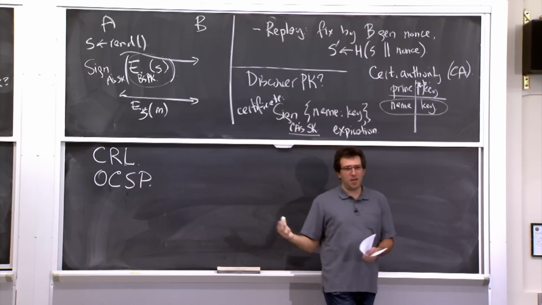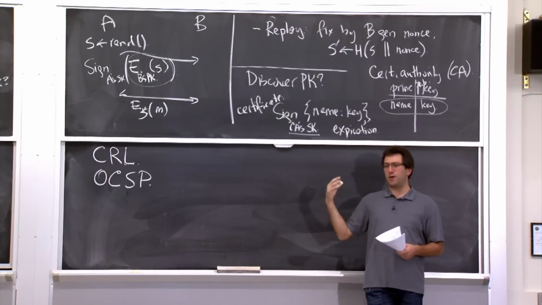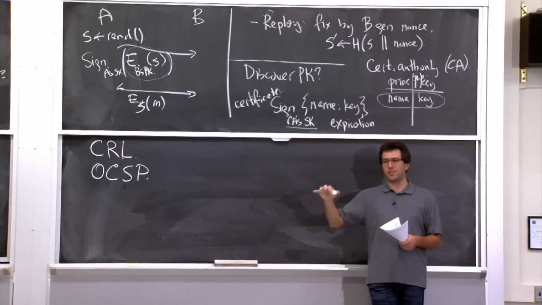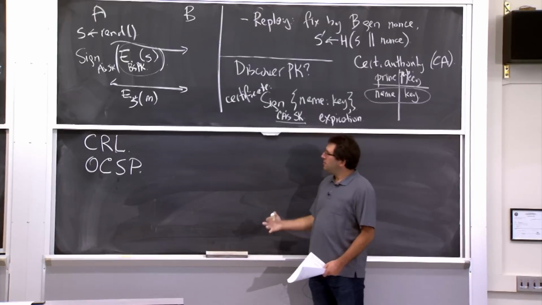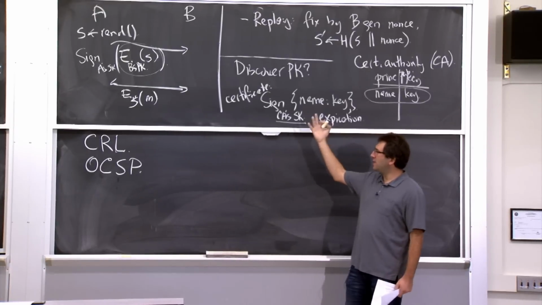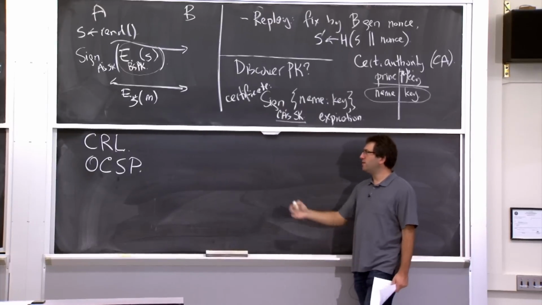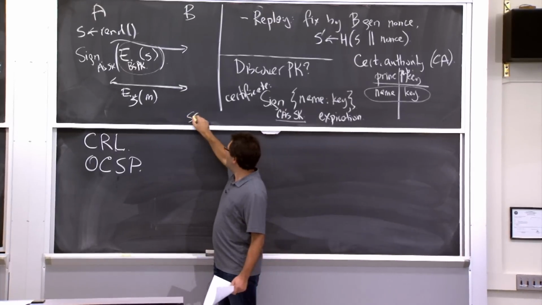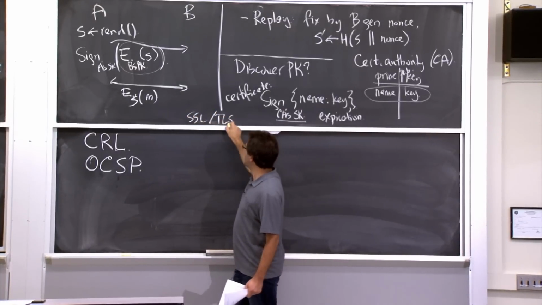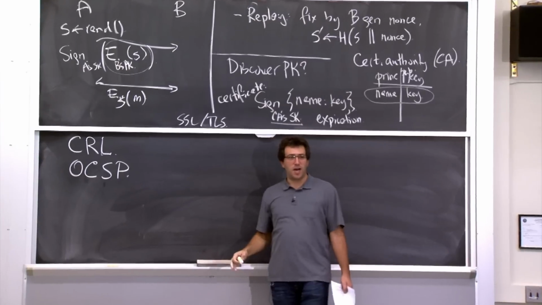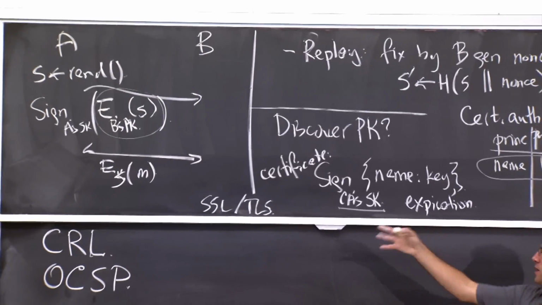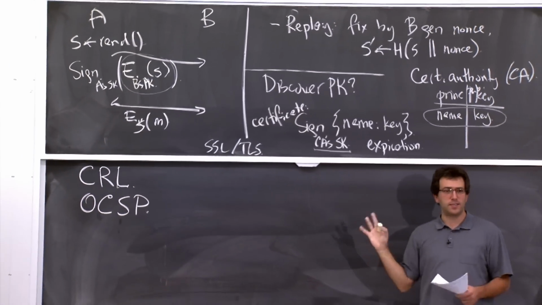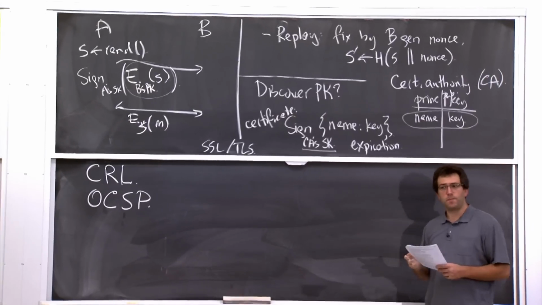But it might be a good idea anyway if someone is not actively mounting an attack against you. At least the later packets will be encrypted and protected from snooping. So it's a shame that this protocol, SSL, TLS, whatever, doesn't offer this kind of opportunistic encryption. But such is life. So the server always has to have a certificate in this protocol. The client sometimes can and sometimes doesn't have to.